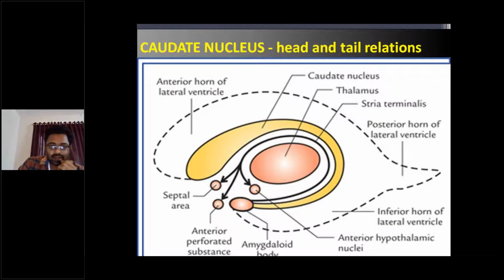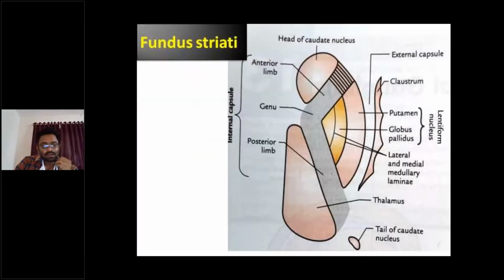Next one, relations of the caudate nucleus, head and tail. The head of the caudate nucleus is rounded, present in front of the interventricular foramen. In this picture, this is the head of the caudate nucleus. The head is laterally related to the internal capsule, the anterior limb of the internal capsule.